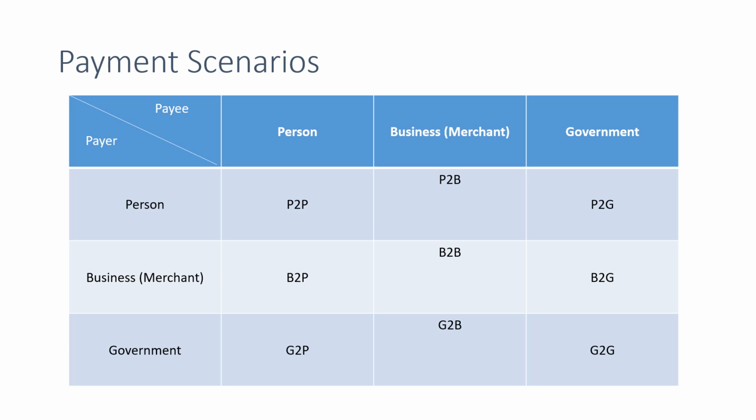At a high level, we can assume that there are majorly three players: the individual, customer or person; the business or merchant who sells items; and government agencies. There are multiple payment methods available, and different payment methods may suit different scenarios.